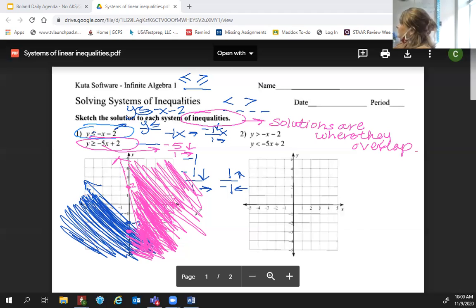Good. The only portion of this graph that I could see that overlaps is right here. Do you see that? And I think one of our other students had a really good idea of using a highlighter next time because this is way too dark, right?